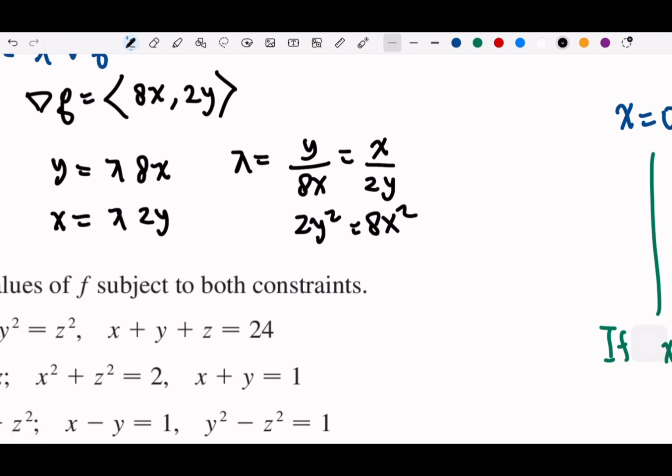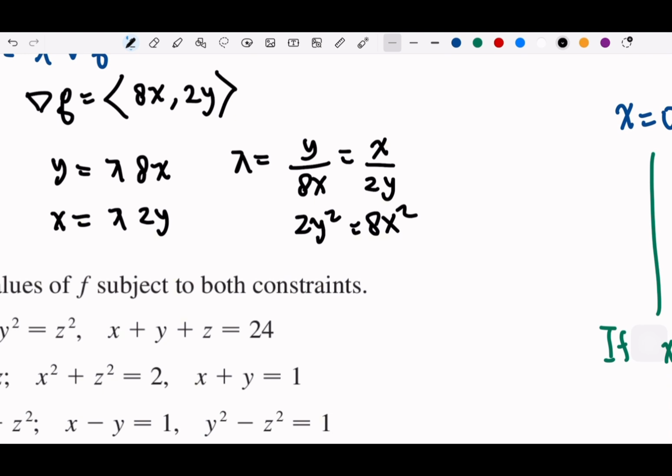In the previous question, we could not cross multiply because there was a possibility that x or y is 0. So here, since we established that it's not going to be 0, then we can cross multiply and get this. Just basic algebra.